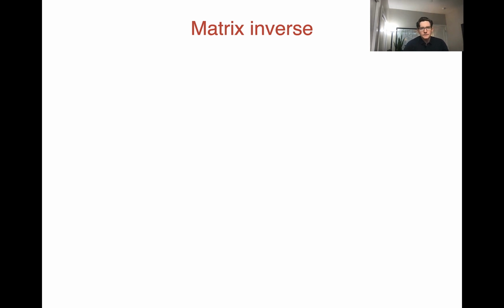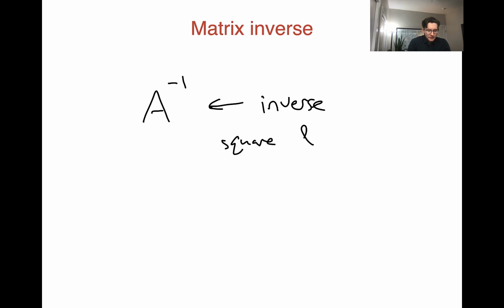Here's another property we're going to be using a lot in this course: the matrix inverse. If we have a matrix A, we write A^-1 as the matrix inverse. For A^-1 to exist, A must be square and invertible. Not all matrices are invertible.